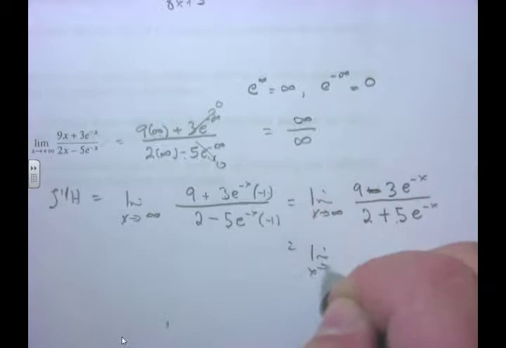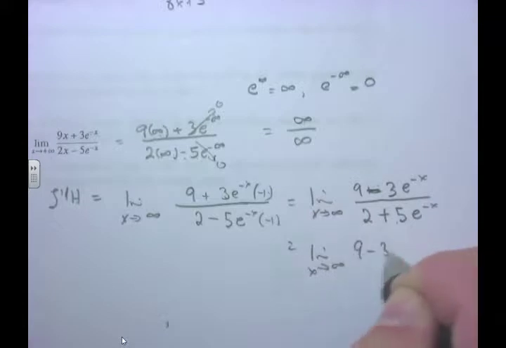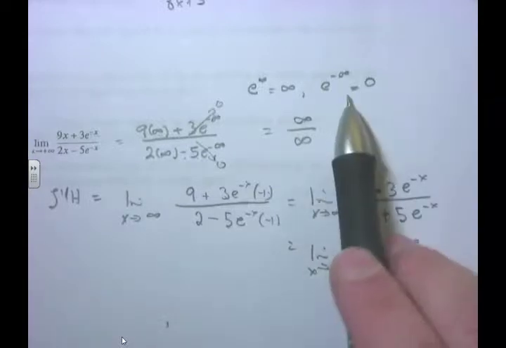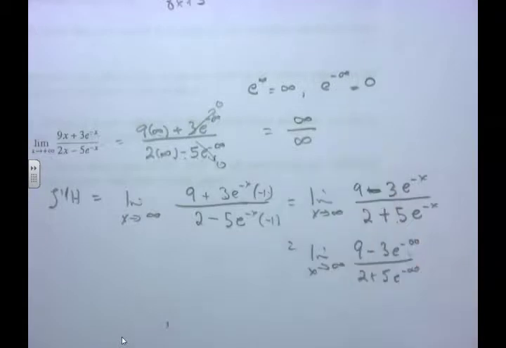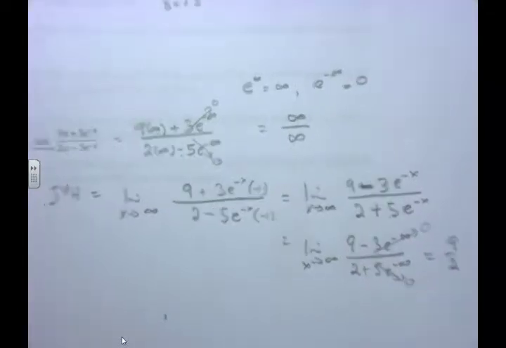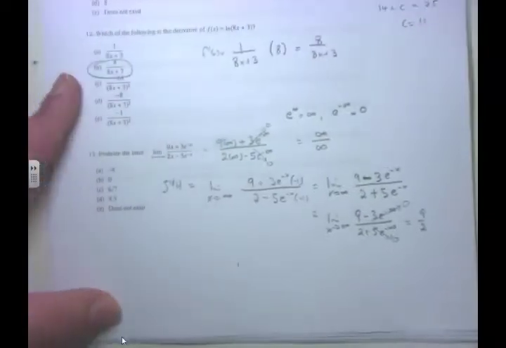This will be the limit as x approaches infinity of 9 minus 3e to the negative infinity over 2 plus 5e to the negative infinity. But as we just mentioned, e to the negative infinity is 0. So this part goes to 0, this part goes to 0. What are you left with? 9 halves. So the answer is 9 halves.